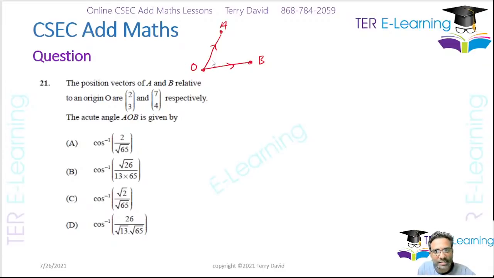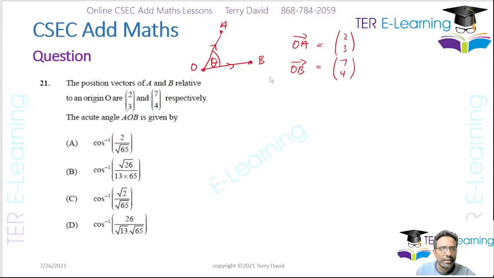And the question wants the angle here, this acute angle here. Right, so there's a formula to work this out basically. So this is what we know. We know that the vector OA is actually equal to 2, 3. And the vector OB, right, is equal to 7, 4. Right? That's what we have here.